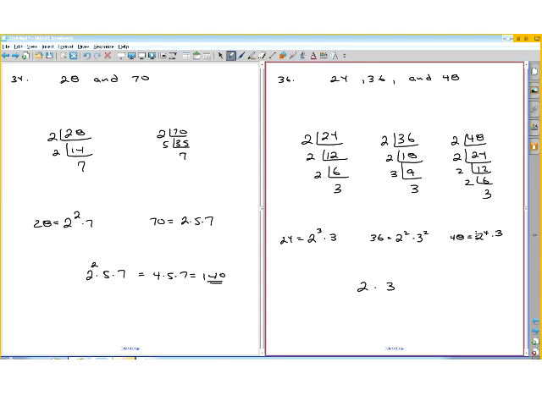So we take the highest power, which is the 4th power for 2, and the 2nd power for 3. 2 to the 4th is 16. 2 times 2 is 4, times 2 is 8, times 2 is 16. 3 squared is 9. 9 times 16, I think, is 144. Let's just see what happens. 144.